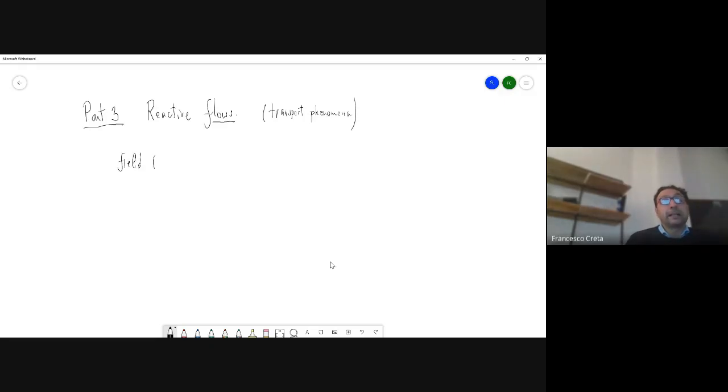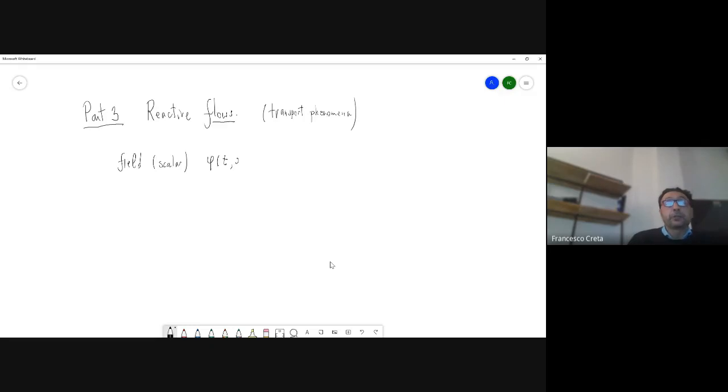Let's concentrate on a scalar field, something that has only values in the real numbers. So it's not a vector field. Point by point, and at every instant, you have a value. So the field is essentially something of this sort mathematically.